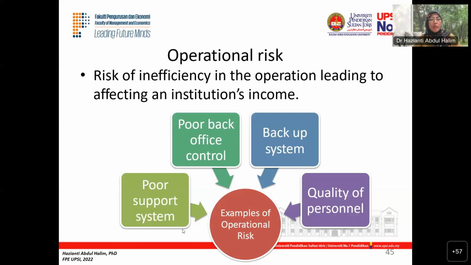And it can also be a support system. Ada nombor contact us, call tak dapat-dapat. Ada email bounce balik. You know the support system. When you have any problems, especially with the services of the banks, so we are also looking at the support system. So if they have a very poor support system, that is also considered as operational risk.